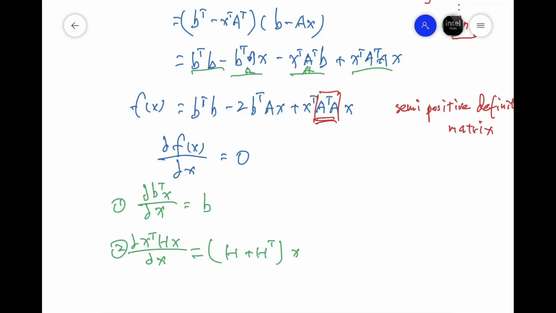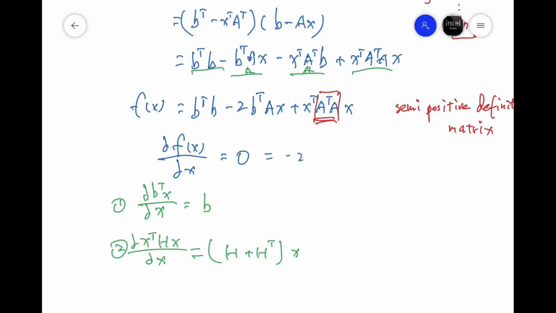Okay, now let's try to derive our derivative equation. So first, B transpose B, it has no X in it, so it's 0. And then the second term, we will use rule number 1.